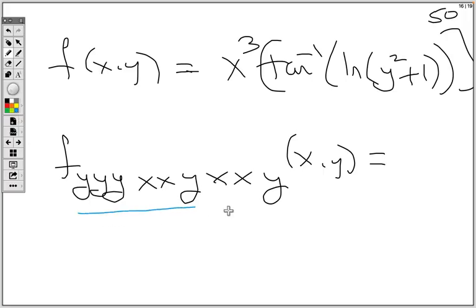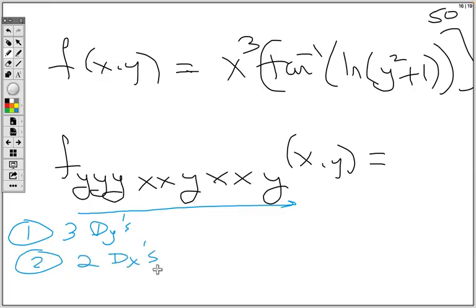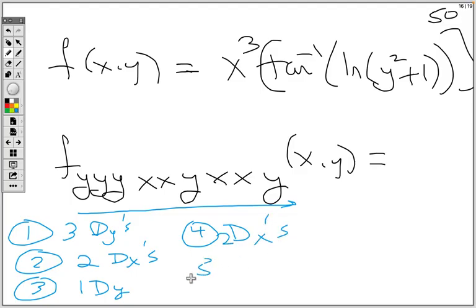If we would do this in the order as given, we'd have to take 3 derivatives with respect to y, 2 derivatives with respect to x, 1 derivative with respect to y, 2 more derivatives with respect to x, and 1 derivative with respect to y. And look at this. This is crazy. All these derivatives would be continuous, but they're still a mess.